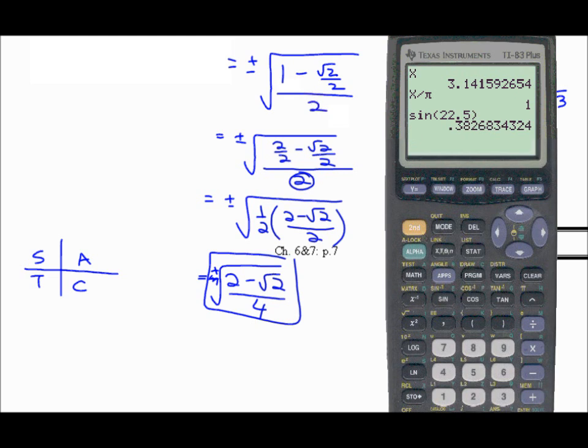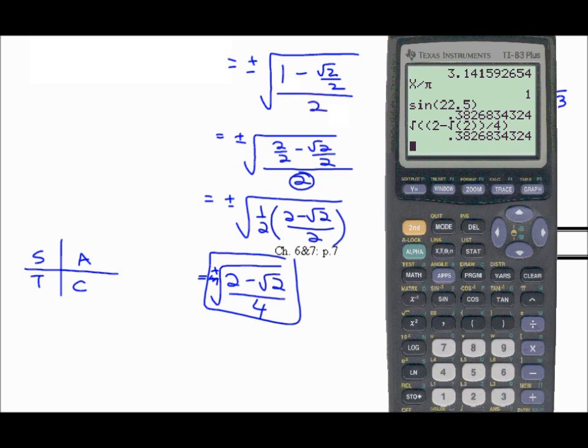It's going to be a positive value. It should be the square root of 2 minus root 2 all over 4. I need brackets around my numerator. Sorry, guys, it's kind of ugly to type in. There you go. Same thing.